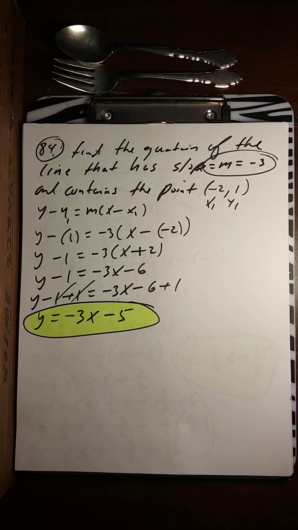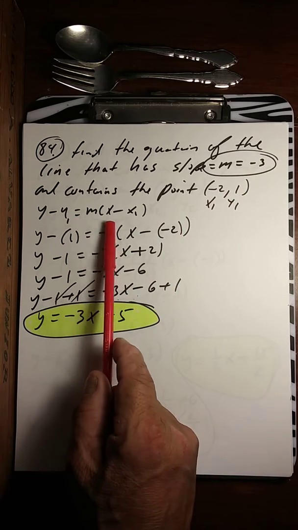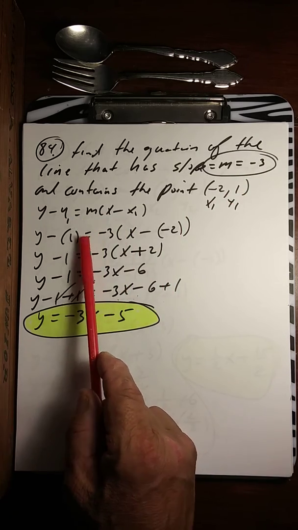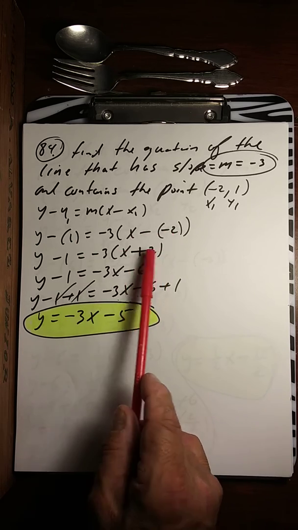Next one, 84. Find the equation of the line that has a point and a slope. Put the point-slope formula in there. So y minus that, negative is positive, that's going to be minus 3x.